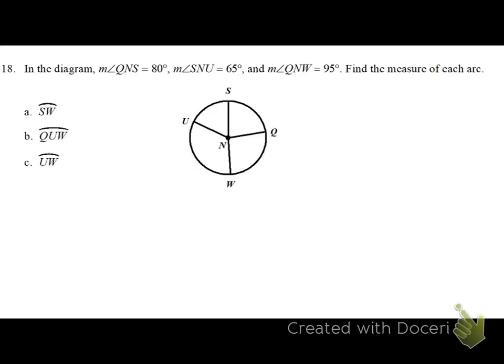You're going to find the measure of each of those arcs for A, B, and C. Find arc SW, QUW, and UW. You show me your answer. There'll be a first place, second place, and third place.